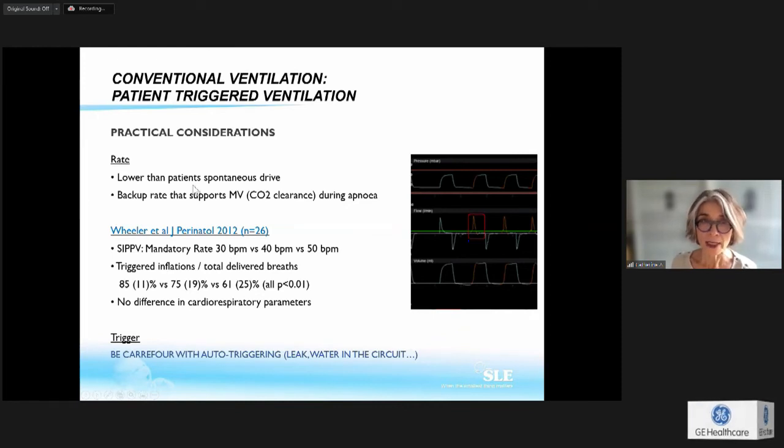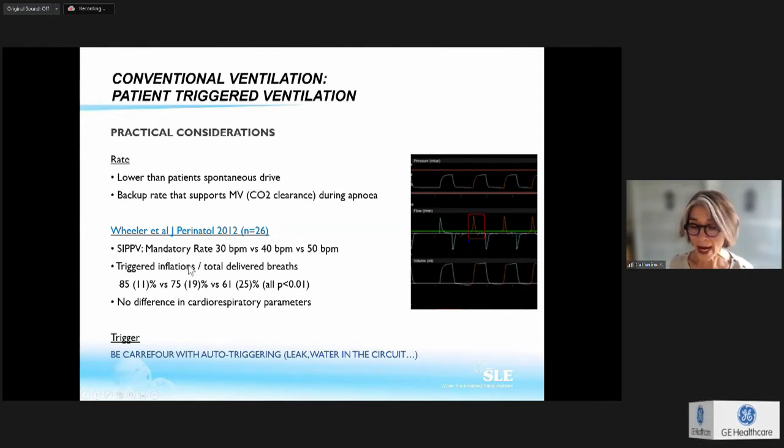How to use it? What has been noticed is that if your patient doesn't have a good spontaneous breathing, we should set a rate which is sufficient to wash out the CO2. But if the patient already has a good spontaneous breathing, be careful with that.